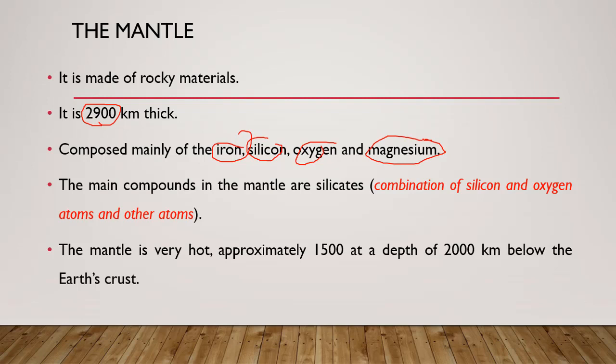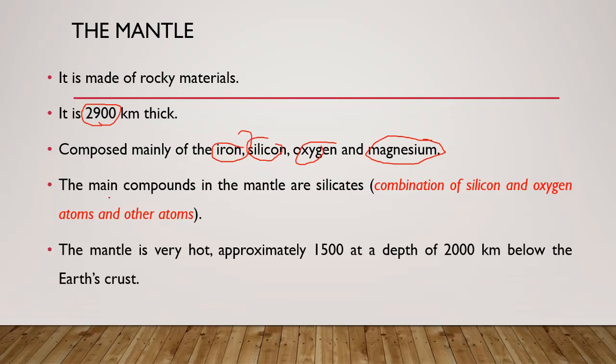So there are four elements which are mainly found in the mantle. Iron, silicon, magnesium, all these are metals, and oxygen is a non-metal.